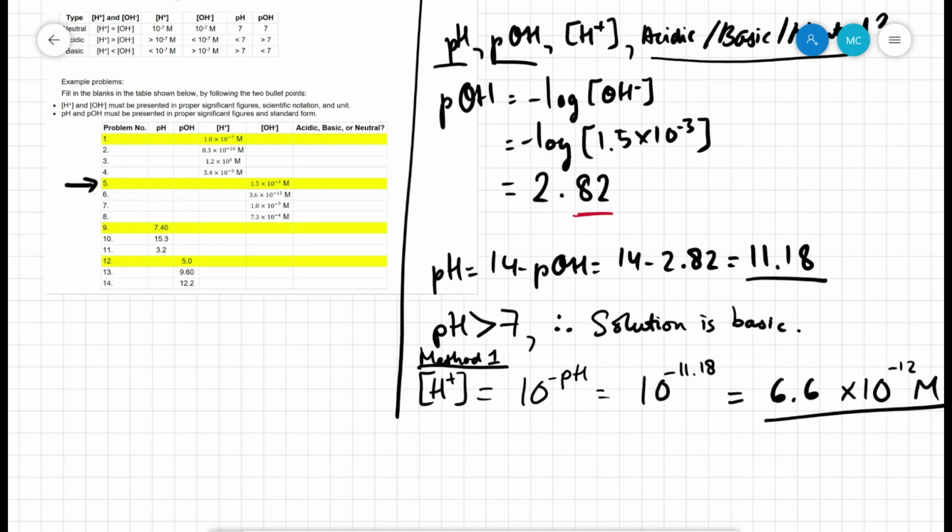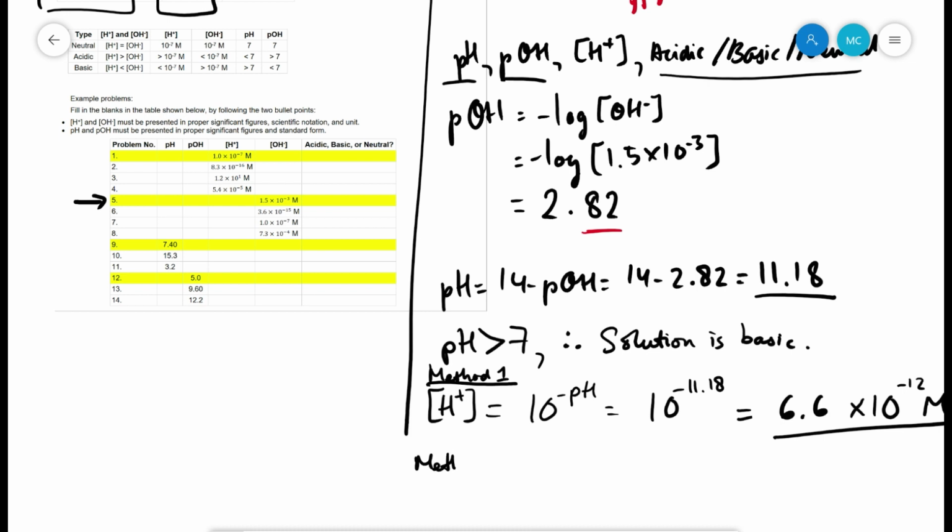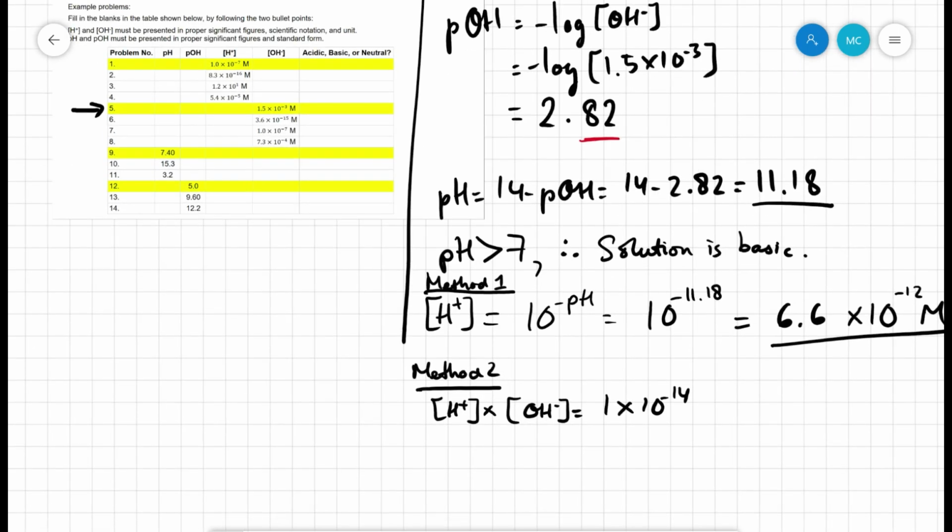Okay, method 2 is by using the ion product constant. So H plus times OH negative equals 1 times 10 to the power of negative 14.